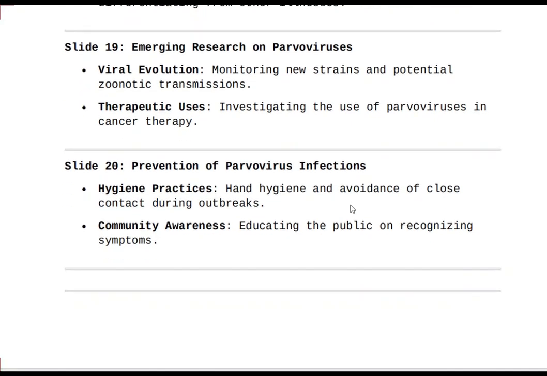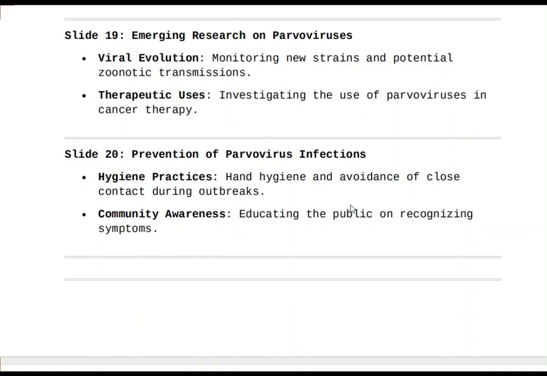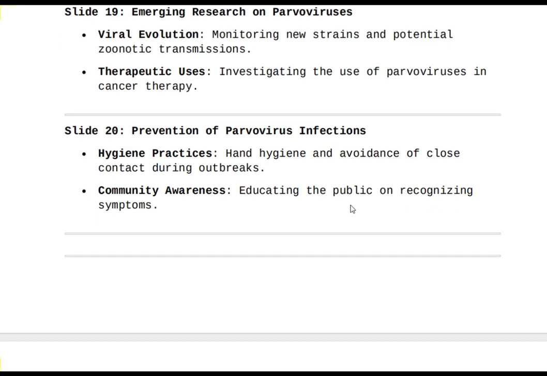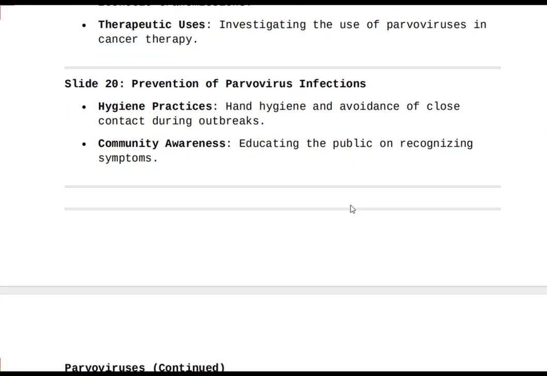Viral evolution: new strains have been seen, and there is potential for zoonotic transmission of this virus. For therapeutic uses, they are thinking it may be of use in cancer therapy. For hygiene, hand hygiene and avoidance of close contact during outbreaks are suggested.